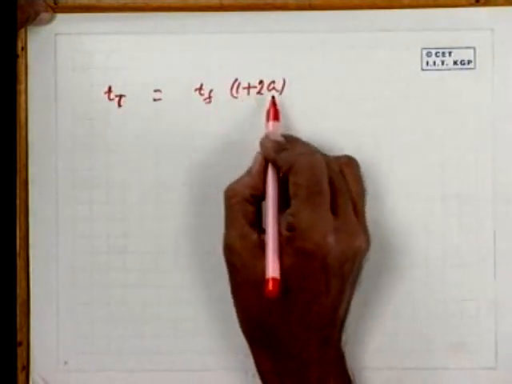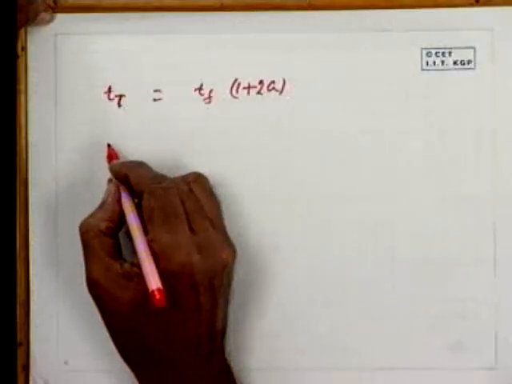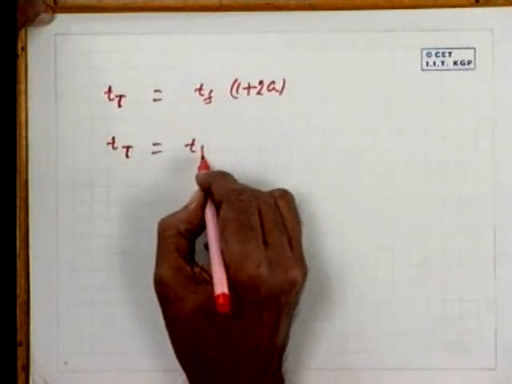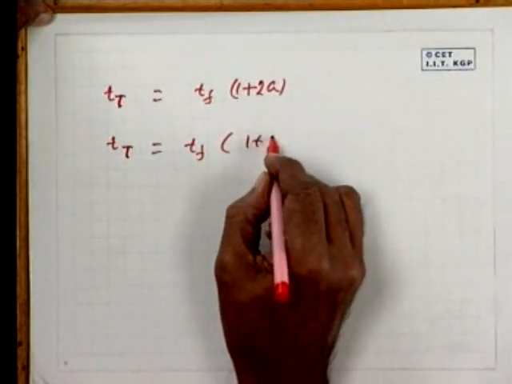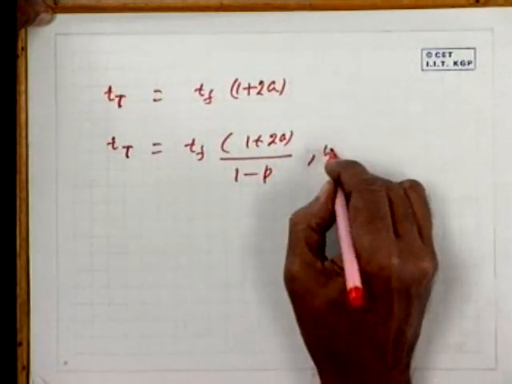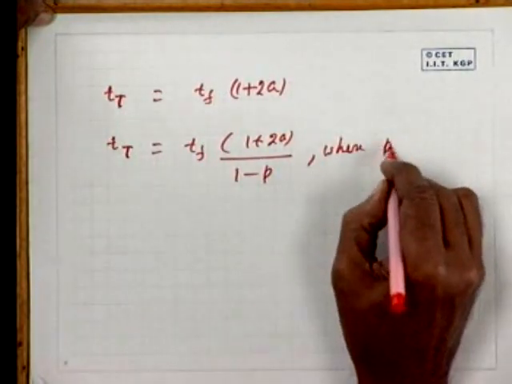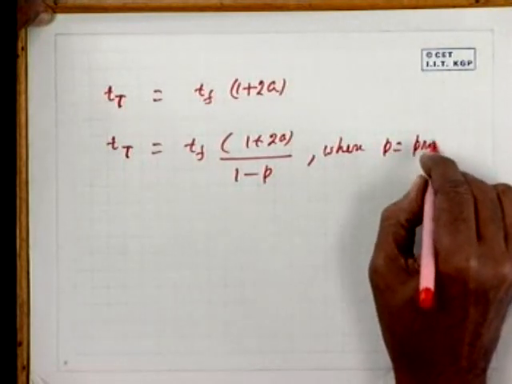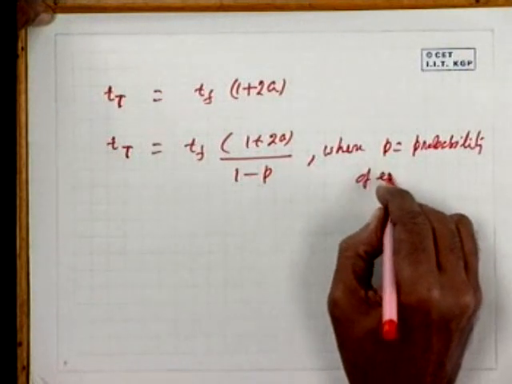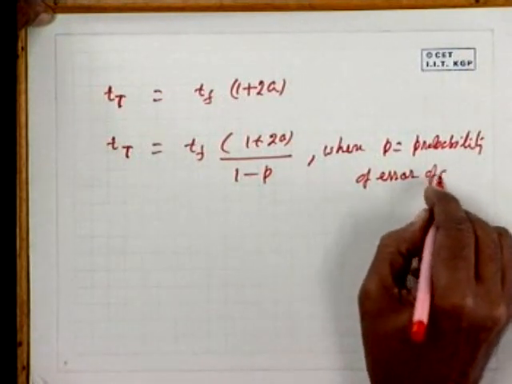Now, we have assumed here that there is no error. If there is any error, then Tt is equal to Tf into (1 plus 2A) by (1 minus P), where P is equal to the probability of error of a frame.